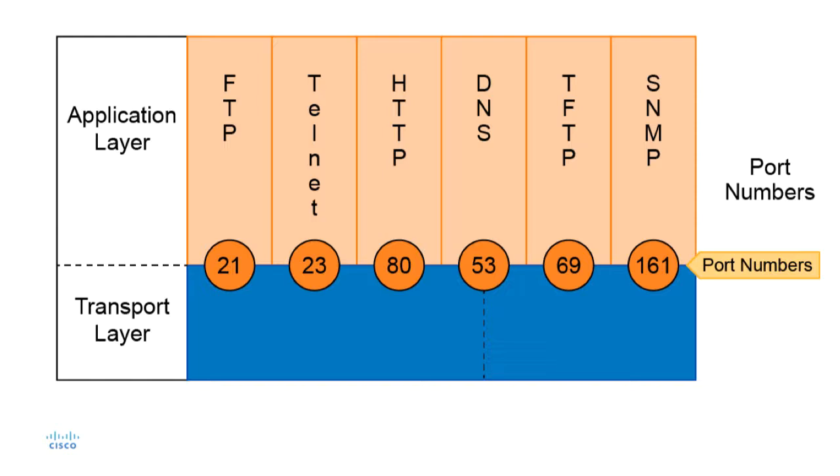Now in most cases we have a server, and that server is running a daemon. The daemon listens on one of these port numbers. When a client application tries to connect, it is assigned what's known as an ephemeral port, which is a high number port that is dynamically selected and used as the source port, while the destination port it tries to connect to will be one of these well-known port numbers, depending on the application.